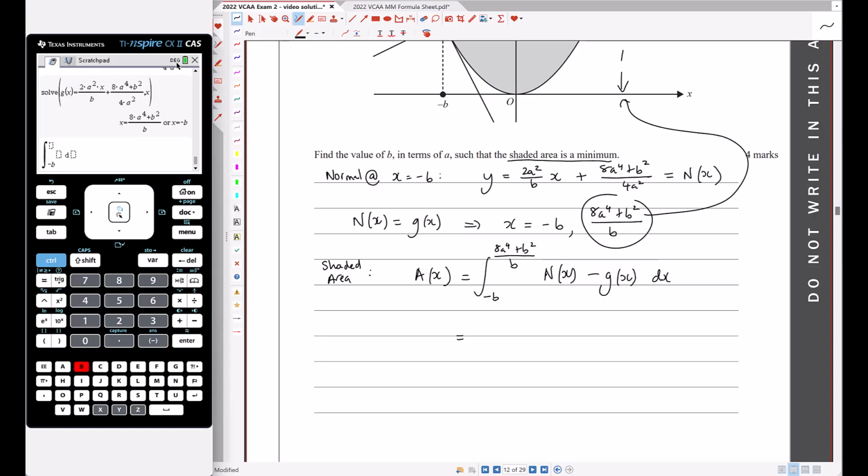So we're going to go from negative b to 8a to the power of 4 plus b squared over b. And we're going to need our normal, which is up here. And Control C that. Control V. Take away g of x dx.